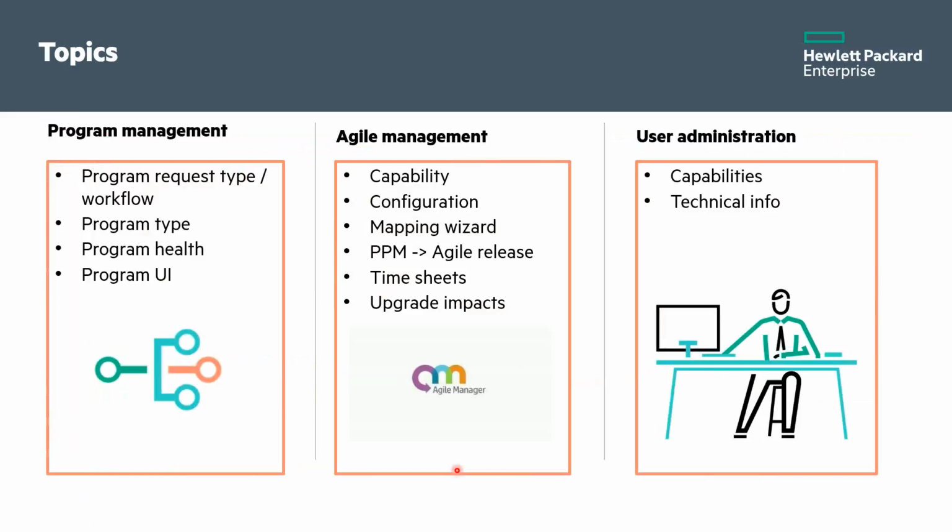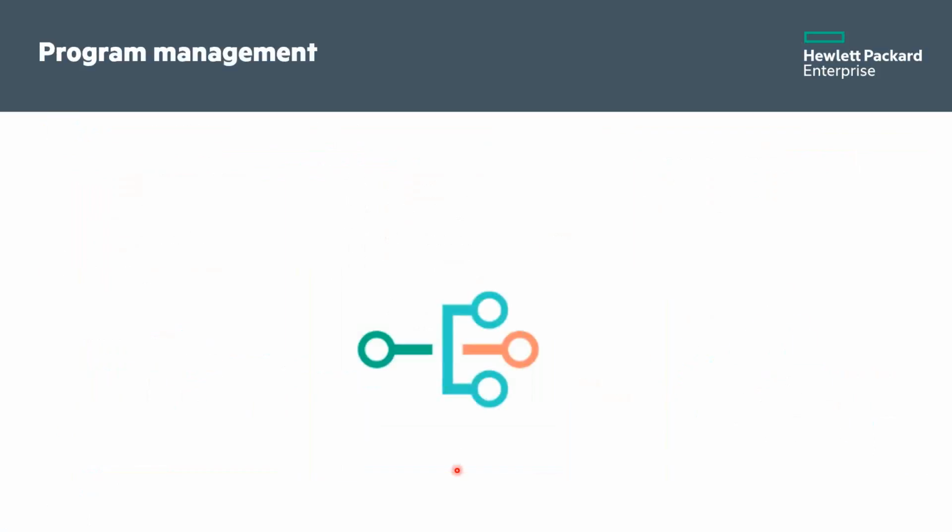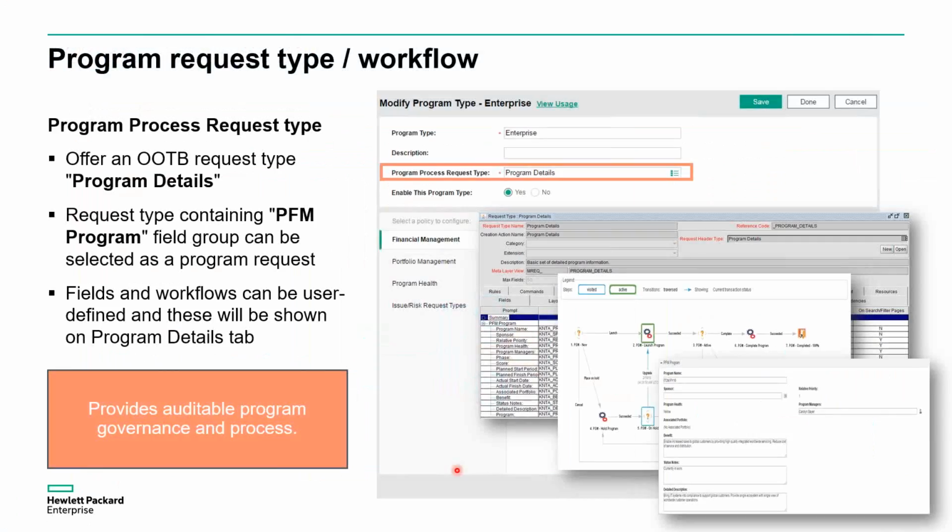Most of the investment that we have made in PPM is around program management, Agile management, and user administration. And we're going to cover those topics in this order. So this gives you a roadmap of where we're going in this hour. The other thing we're going to do is, after the slide deck, give you a demonstration.